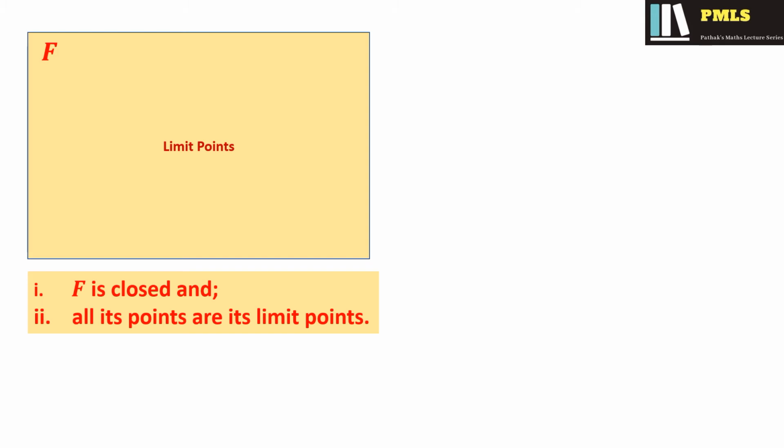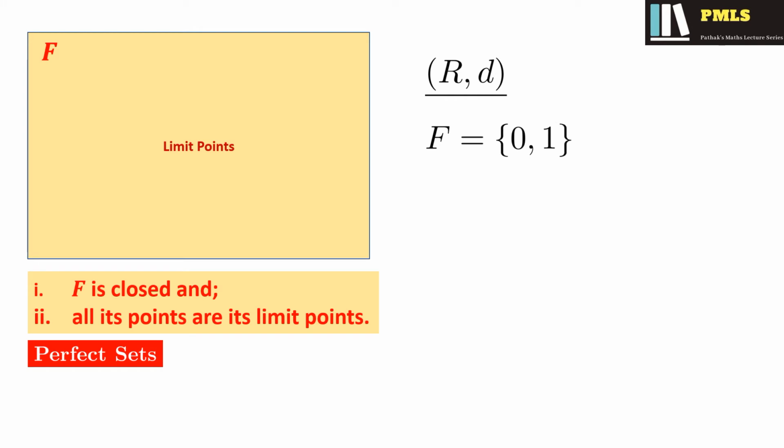However, we are avoiding that situation here and we assume that all the points of F are limit points. In such a situation, when a set is closed and all its points are its limit points, we call the set a perfect set.